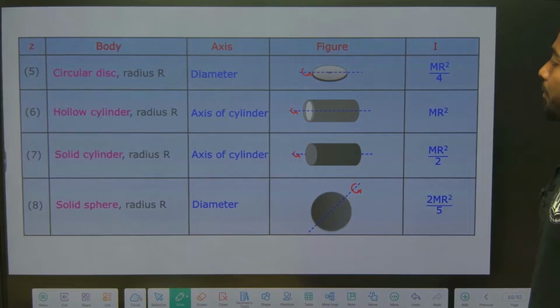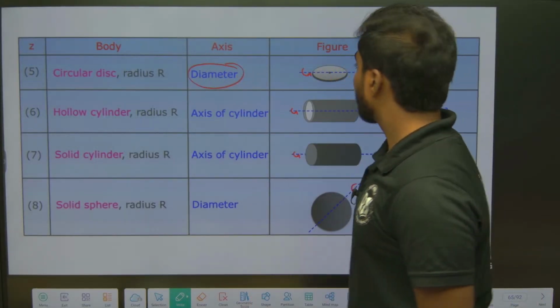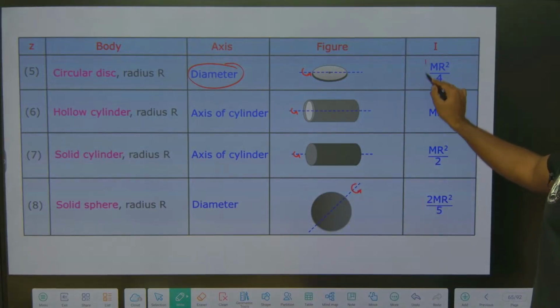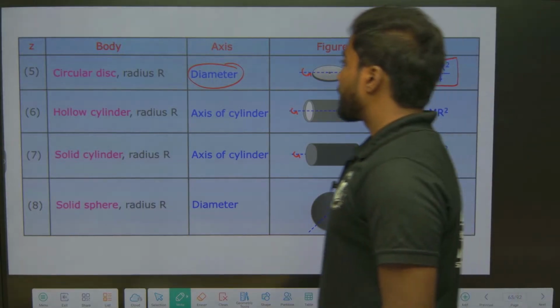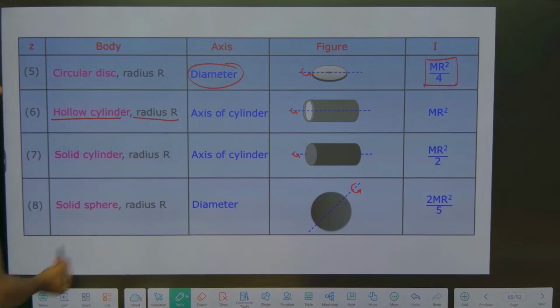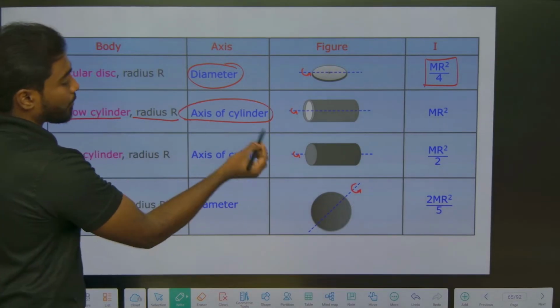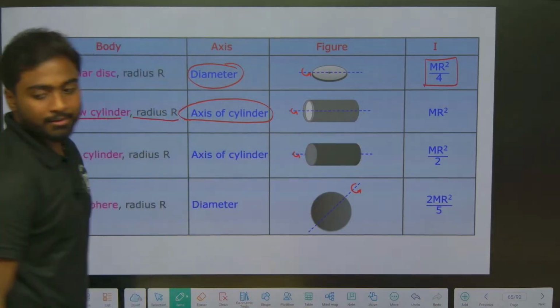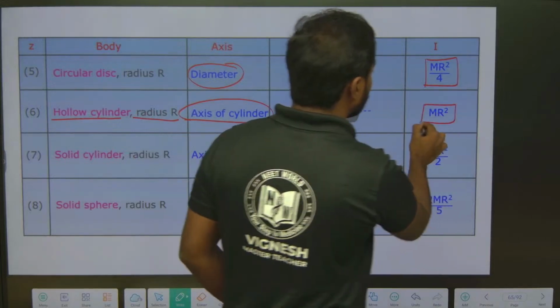Circular disc of radius r, axis is a diameter. So moment of inertia is mr square by 4. Next one, hollow cylinder of radius r, and the axis is the axis of the cylinder. Here it passes through the cylinder, and it is mr square.